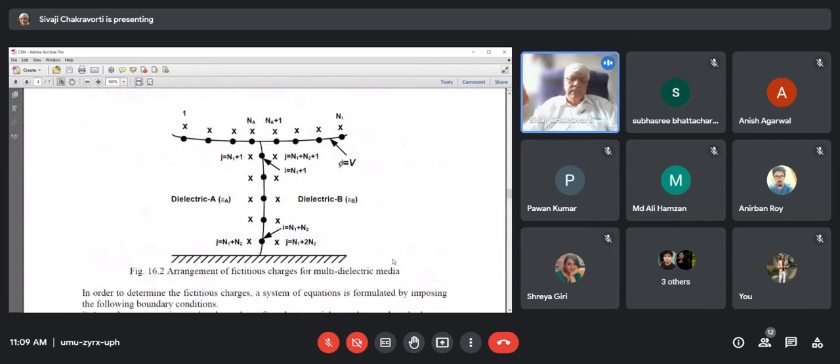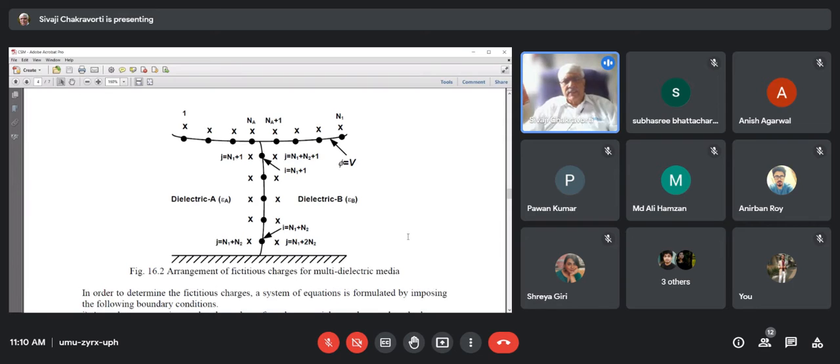The issue becomes complicated where, right, now here you see, it's a multi-dielectric arrangement. On the top, you have the electrode. Its potential is V. So what we are doing, we are putting some fictitious charges inside the electrode, and for every fictitious charge, one particular point on the electrode surface.